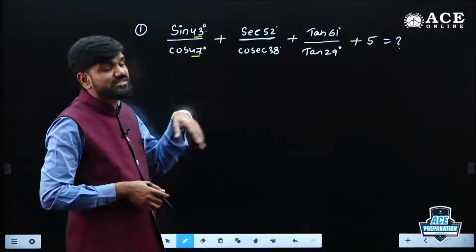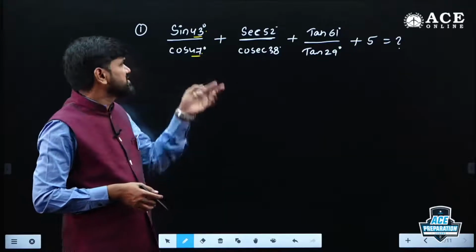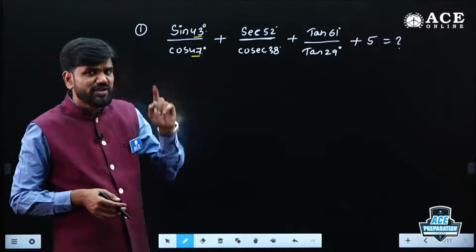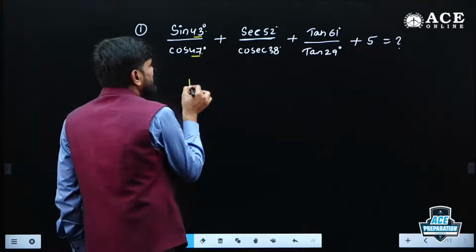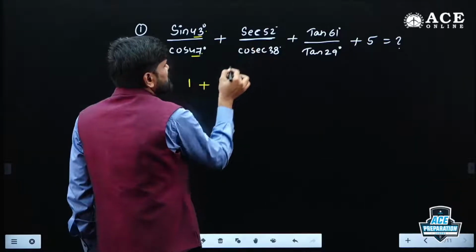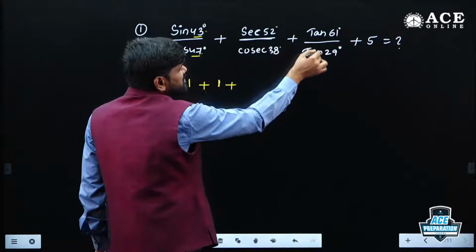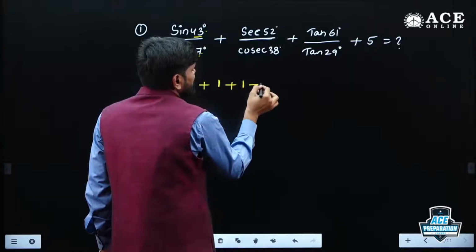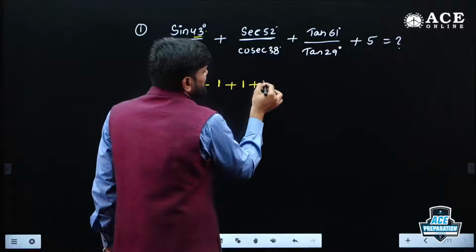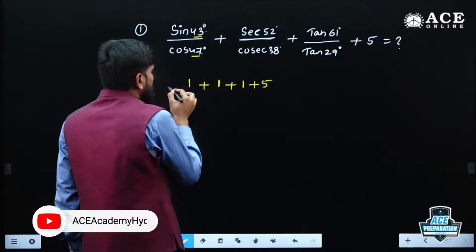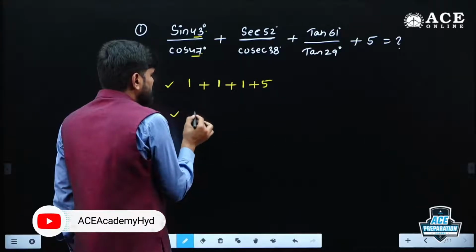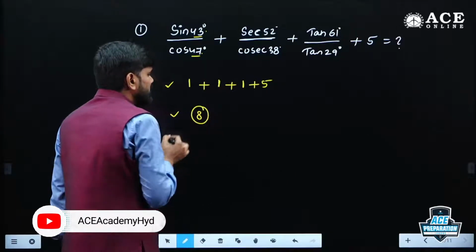So x plus y together adding to 90 degrees means sin x by cos y is equal to 1. Hence this will be 1. In the same manner this will also be 1, because 52 plus 38 is 90. Similarly 61 plus 29 is also 90. So that will also be 1, plus 5. So the answer will be 8.